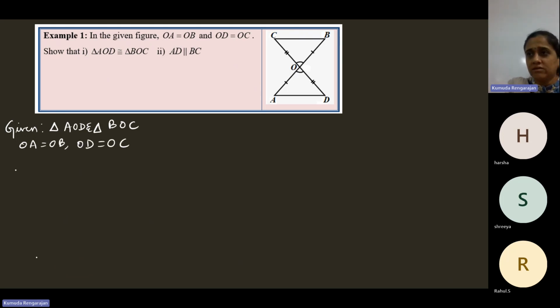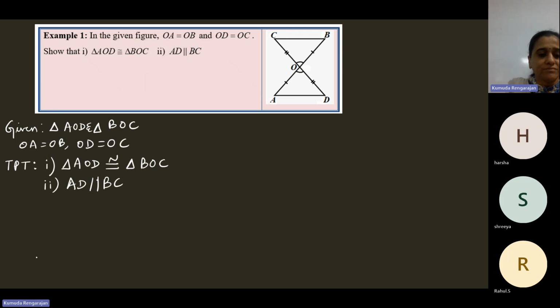Now to prove that, meaning to show that, you can write TPT, to prove that. This is not my short form, so this is acceptable. So to prove that triangle AOD is congruent to triangle BOC, and you should also prove that AD is parallel to BC.